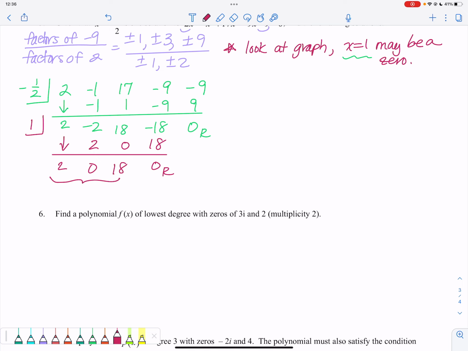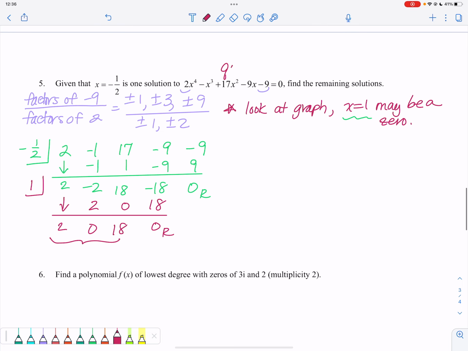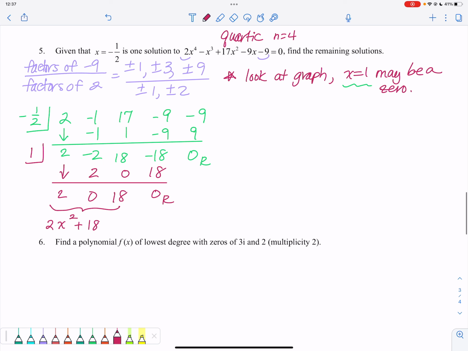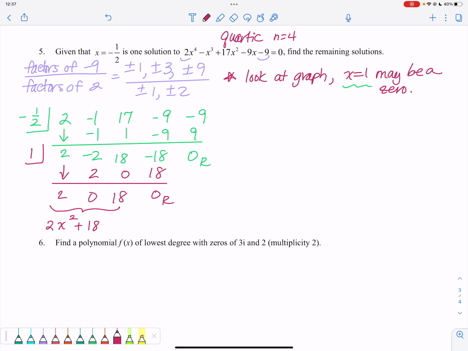Now, we went from a quartic, a degree 4 polynomial, to a degree 3 polynomial. This was a degree 3. And now this is a degree 2 polynomial. So this represents 2x squared plus 18. So let's take a look at this right now.